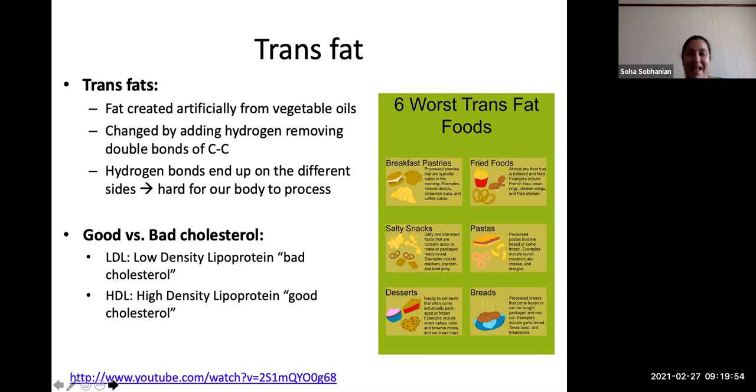So, okay, one last thing before we take our break, because I've been kind of going over that thing. So good versus bad cholesterol. I want to make sure this is clear, guys. There is nothing called a good cholesterol and a bad cholesterol in terms of cholesterol. Cholesterol is just a molecule. What we identified as a bad cholesterol is low density lipoprotein, or LDL.